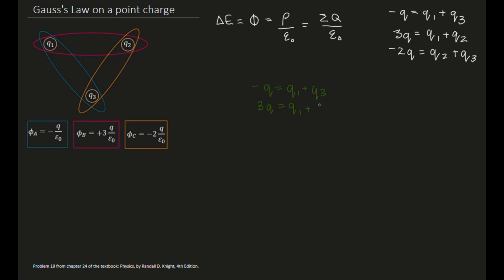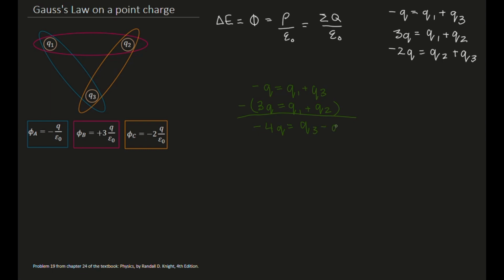So negative Q minus 3Q gives me negative 4Q. The Q1s cancel, and I'm left with Q3 minus Q2.